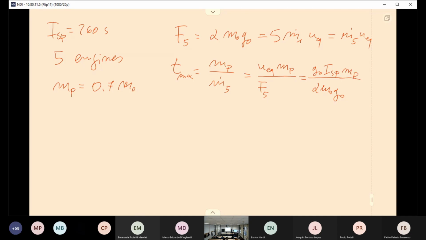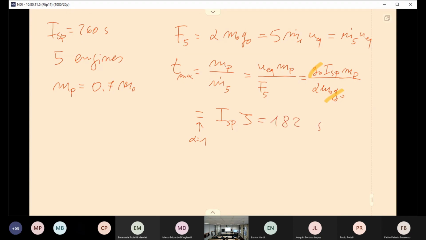I wrote this with a specific impulse in seconds so that I can simplify here. And you see that if alpha is equal to 1, we have just Isp times g0, and the result is 182 seconds.